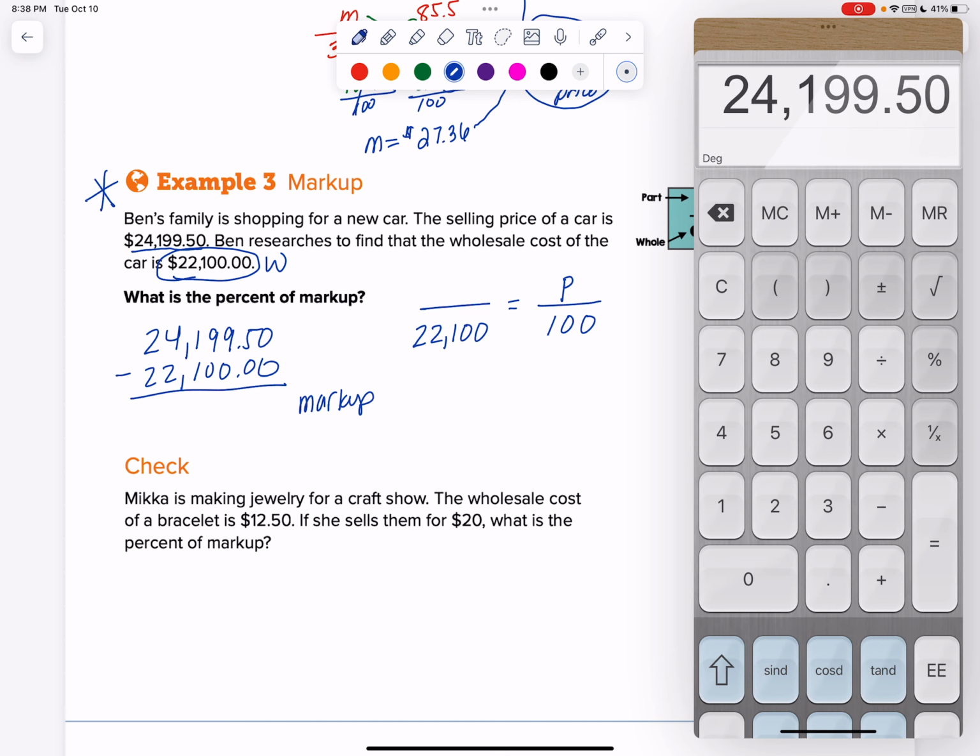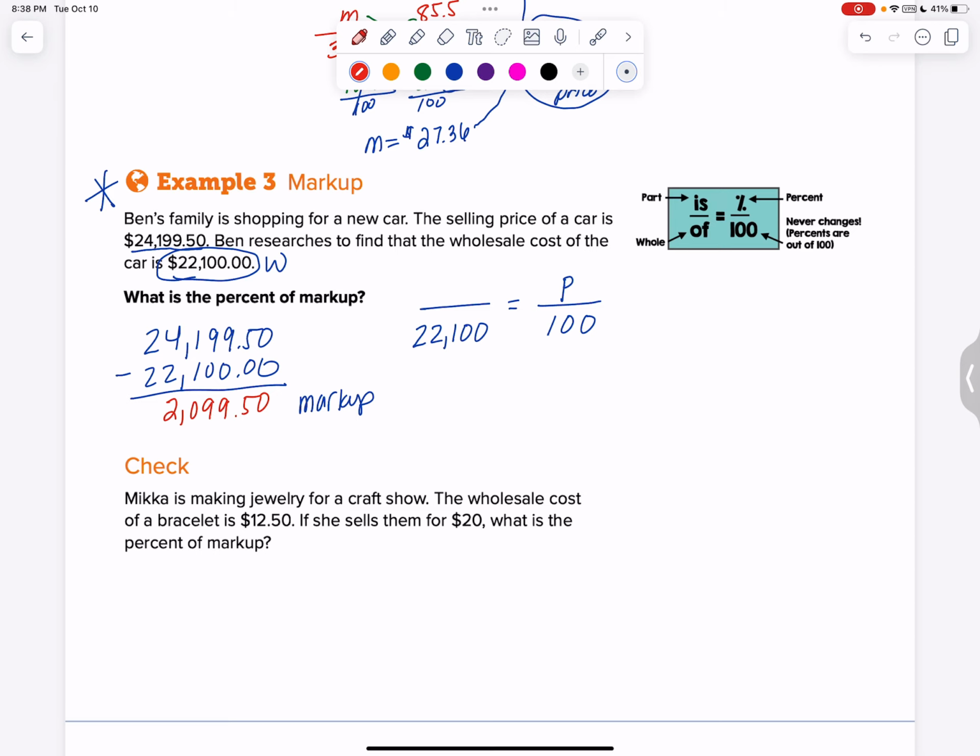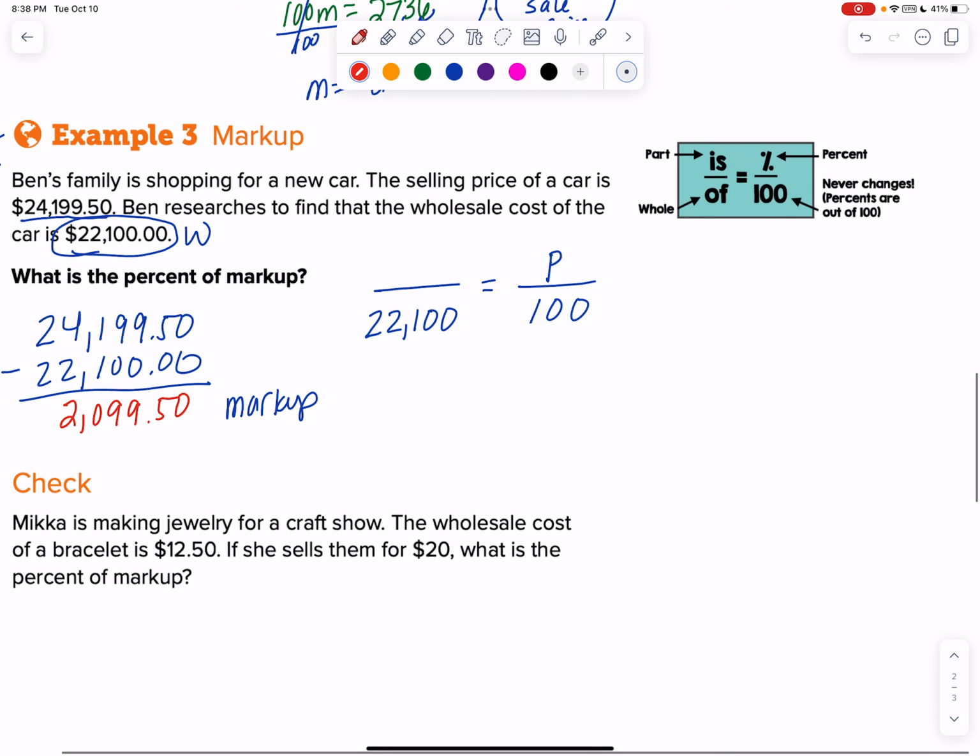So if I do $24,199.50 and subtract the $22,100, we're left with our markup. Okay, and so our markup is $2,099.50. Okay, and so that's what we're going to put in is the markup, $2,099.50.